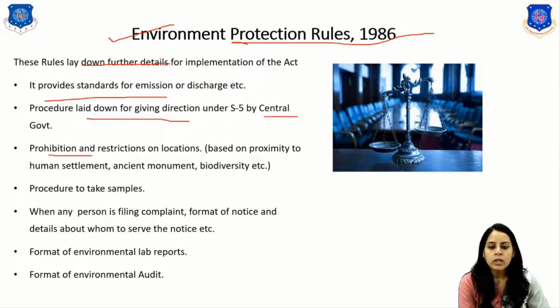Then prohibition and restriction on location based on proximity to human settlements, ancient monuments, biodiversity and so on. Then the procedure to take samples. When any person files a complaint, the format of notice and details about whom to serve the notice to. Then the format of the environmental lab report, and the format of the environmental audit and how it will be conducted.